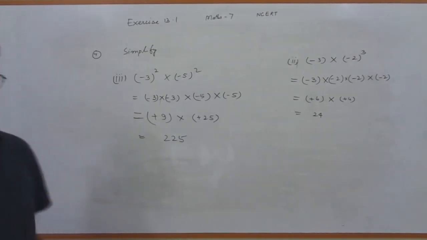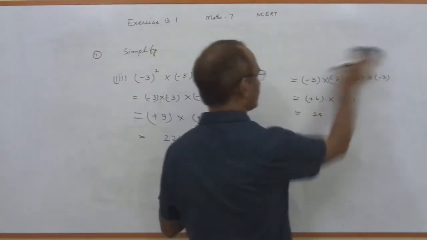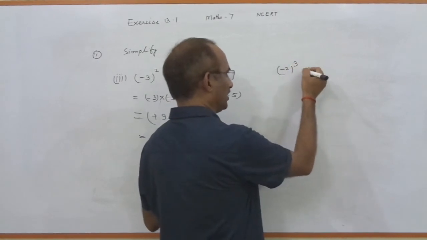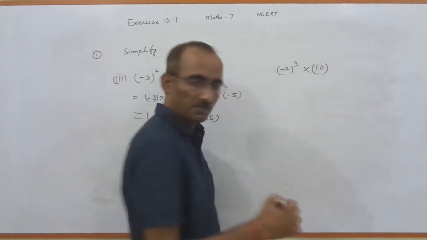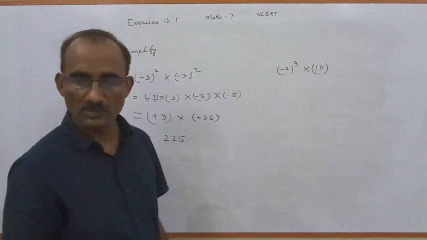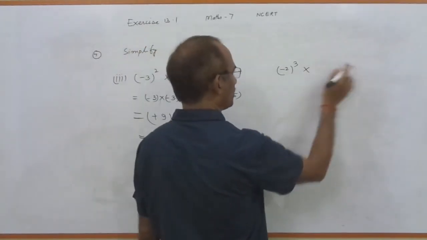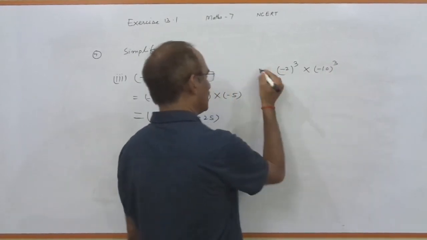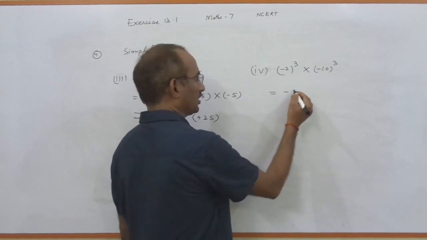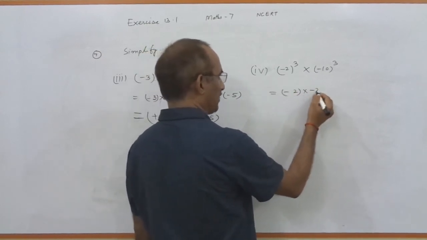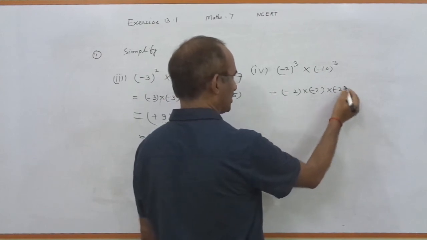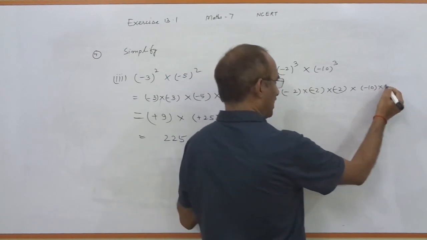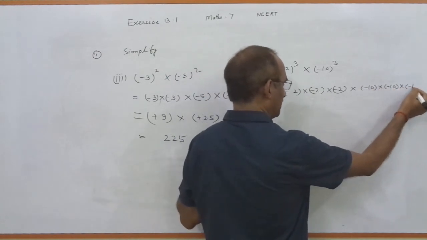The next question is minus 2 power 3 and minus 10 raised to the power of 3. So this is 4. Minus 2 multiplied with minus 2 multiplied with minus 2, and minus 10 multiplied with minus 10 and multiplied with minus 10.